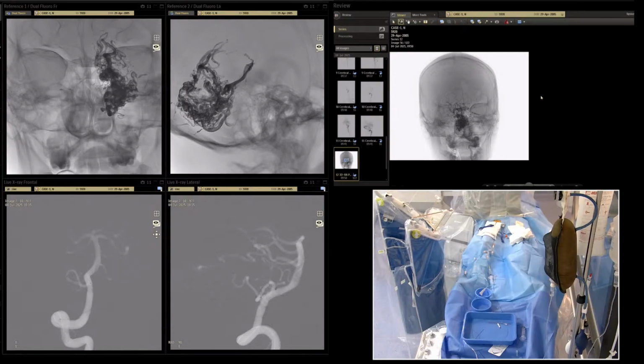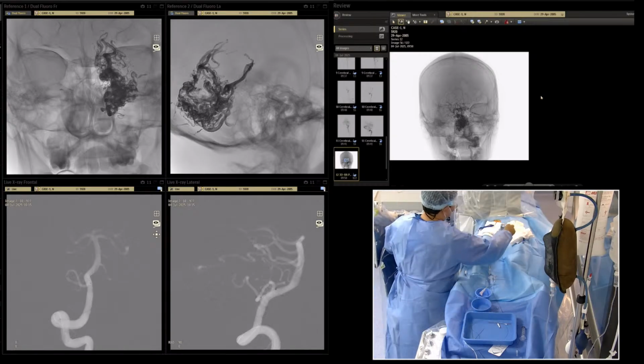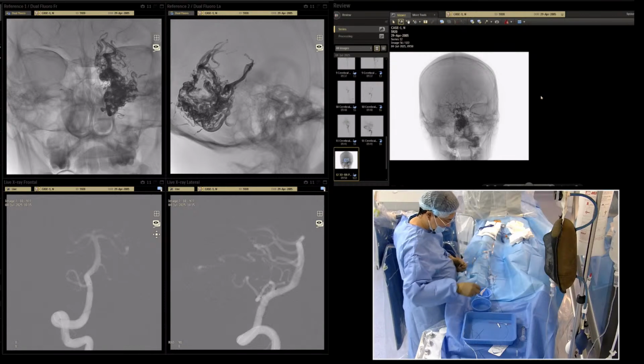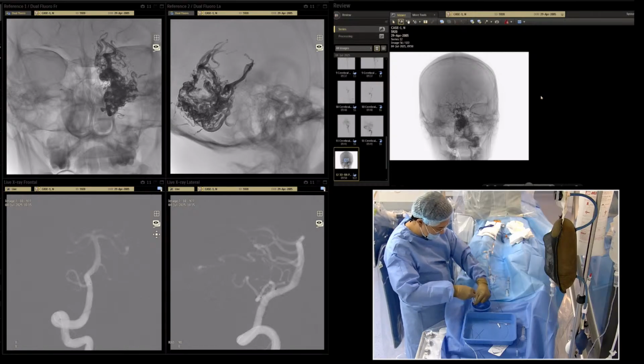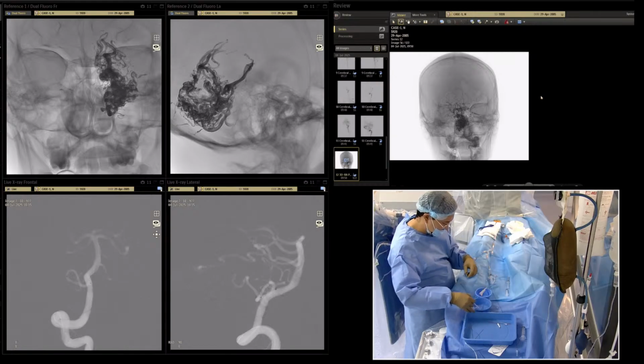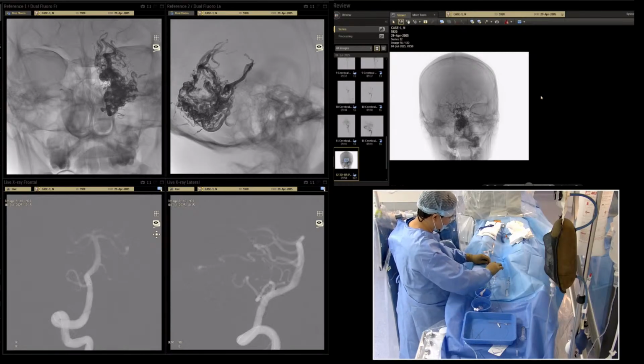This one and this one. I took a 3cc syringe, and also we have a 1cc. For the angiography through the Headway Duo, 3cc is enough.